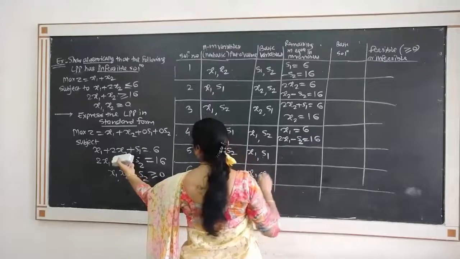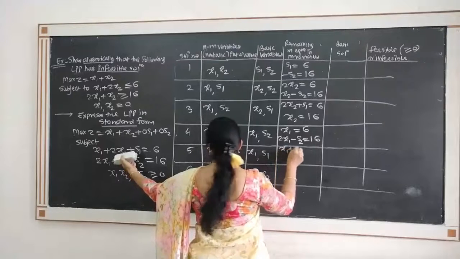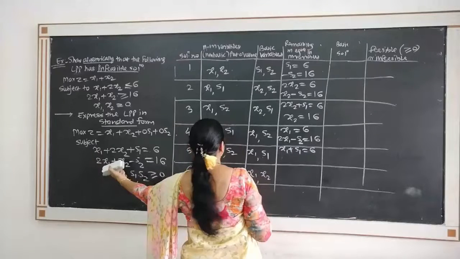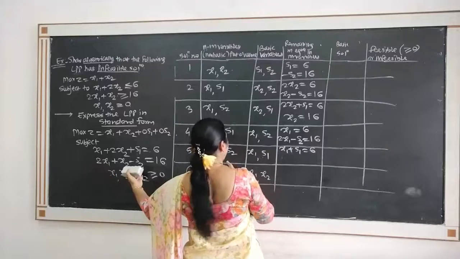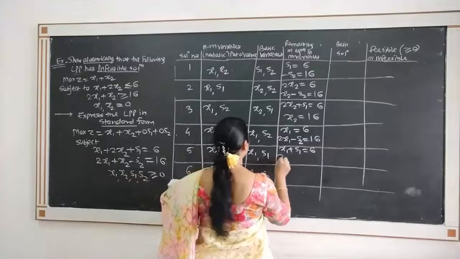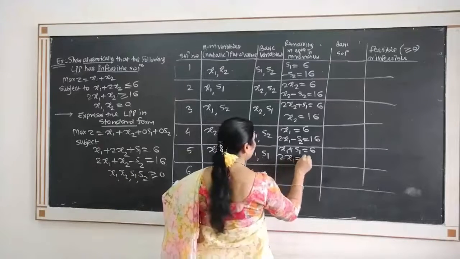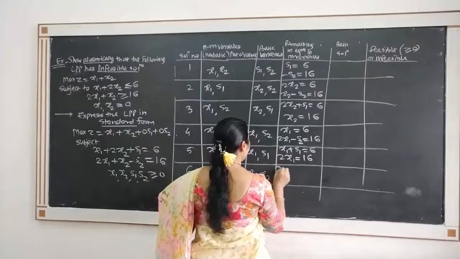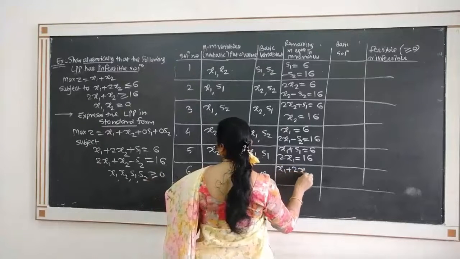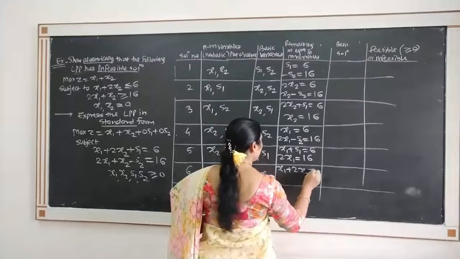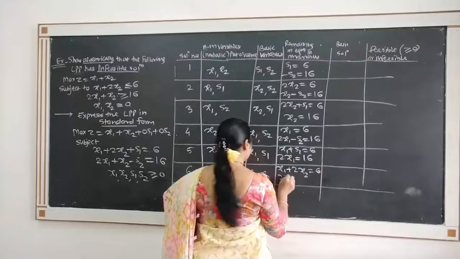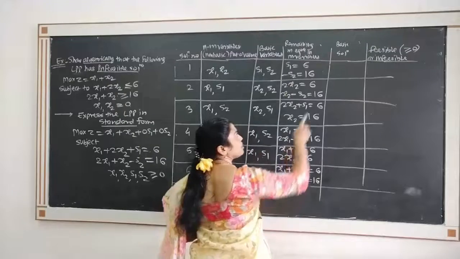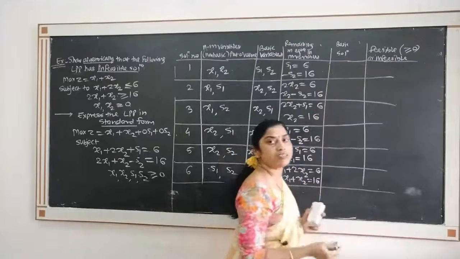Put x2 equal to 0, so x1 plus s1 is equal to 6, and with x2 and s2 equal to 0, we get 2x1 is equal to 16. Put s1 and s2 equal to 0, we get x1 plus 2x2 is equal to 6 and 2x1 plus x2 is equal to 16. Solving this, we get the corresponding basic solution.